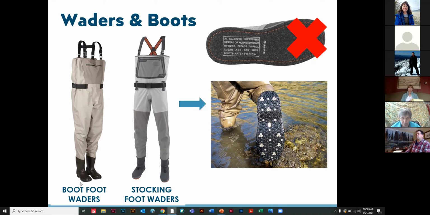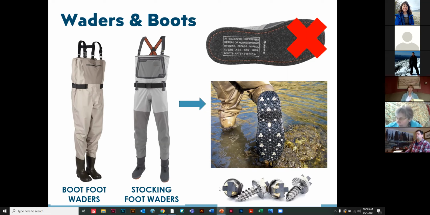Rather, we recommend buying rubber boots with rubber bottoms, or if you're going to buy a separate boot for your stocking foot waders, buy something that looks more like a hiking boot with a rubber tread on the bottom. And if you want to even adapt your boots, you can also purchase treads that you can screw directly in.